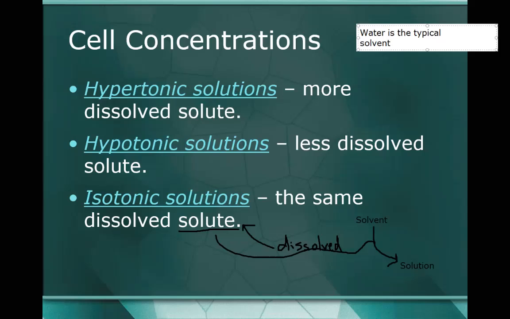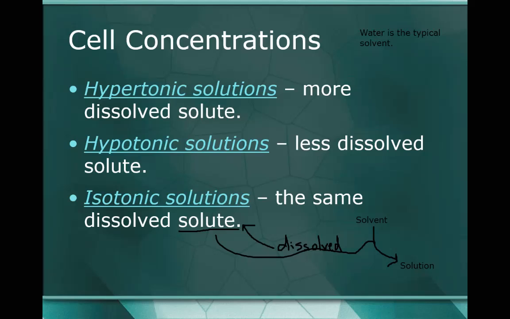When we look at these terms hypertonic and hypotonic, you'll notice that all of them deal with solute, not with solvent, which water typically is. What was dissolved in it is going to be your sugars, your sodium ions, whatever it has to be. So water is the typical solvent.